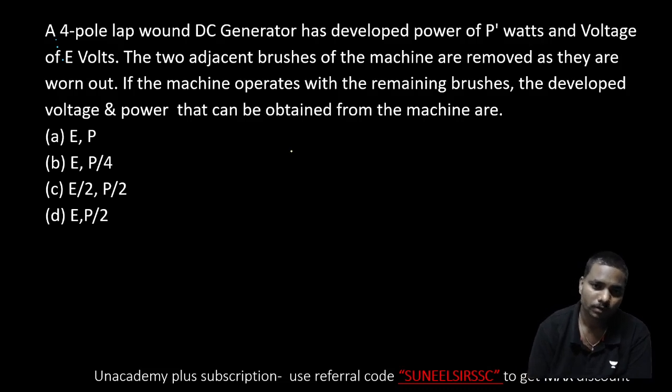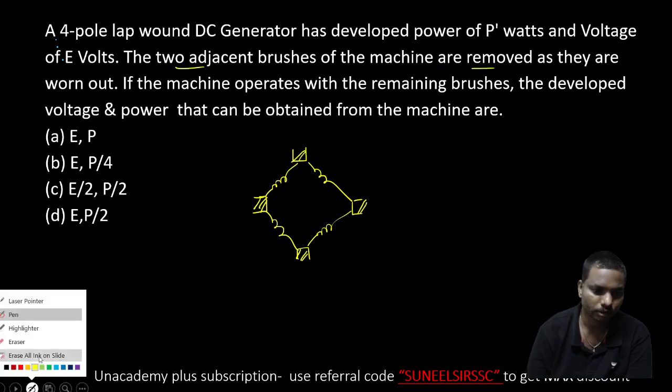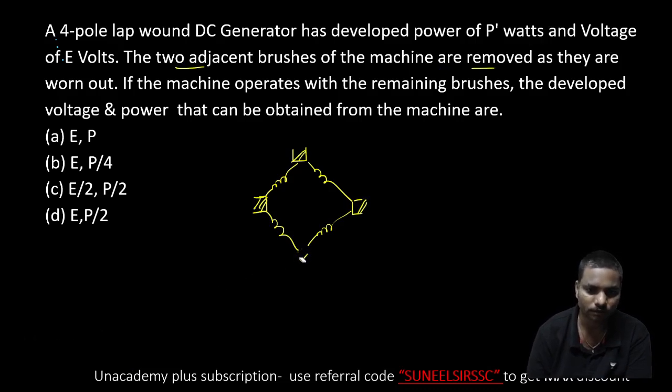Same, 4 brushes because of 4 poles, that is 4 parallel paths. Here they have given that two adjacent brushes are removed. Any two adjacent brushes. So now I am removing two adjacent brushes. This is the 1, this is the 2.